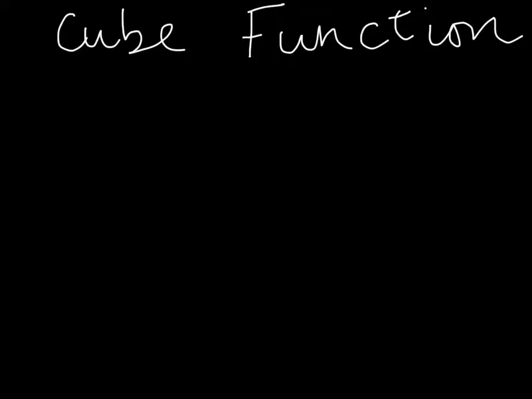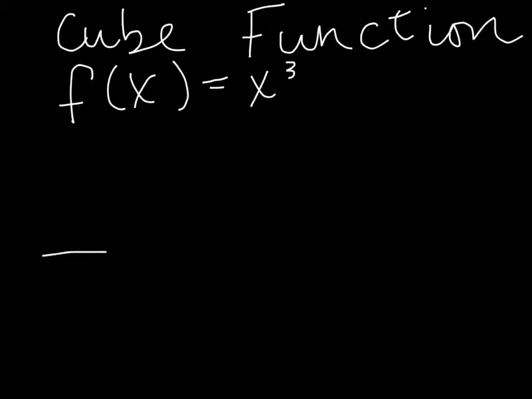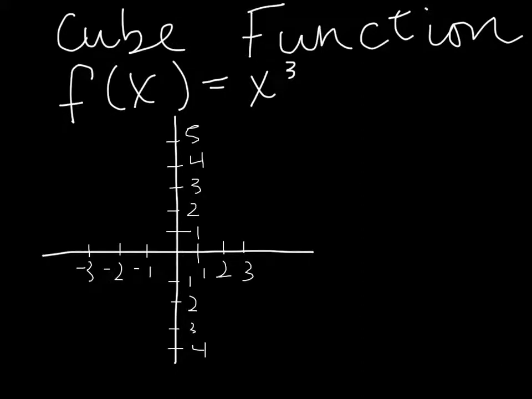Like the square function, the cube function is called that because f of x equals x cubed. Now the cube function is even harder than the square function, so you guys just have to remember all of this. Okay, so with a cube function, again, since there is nothing back here, that means that we have a point at the origin.